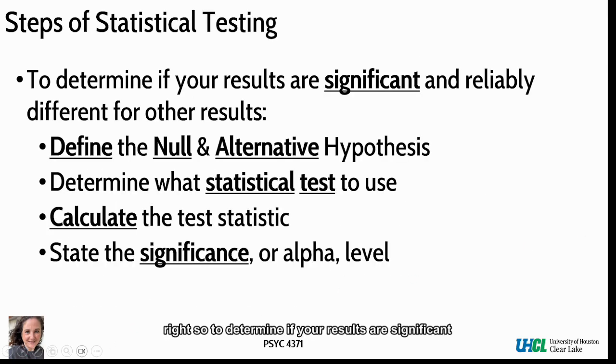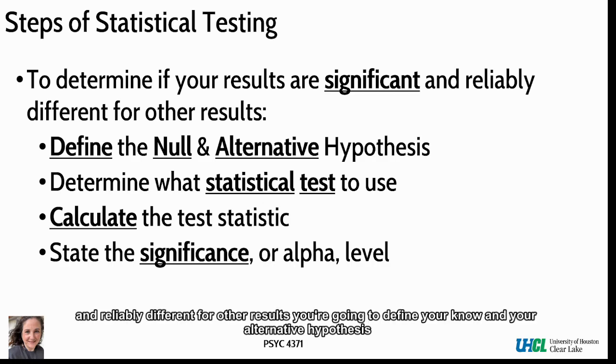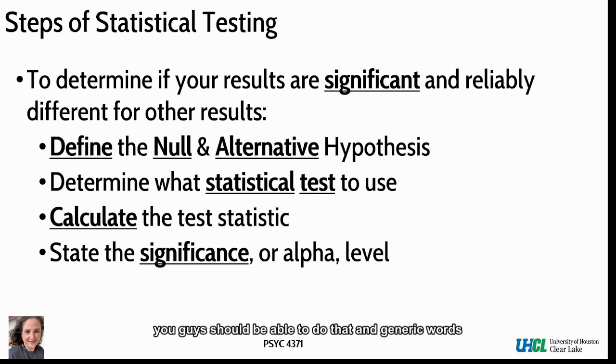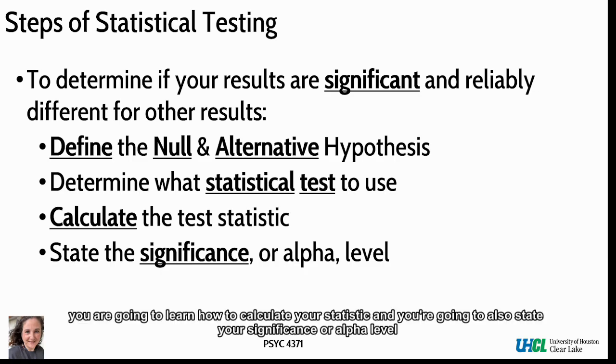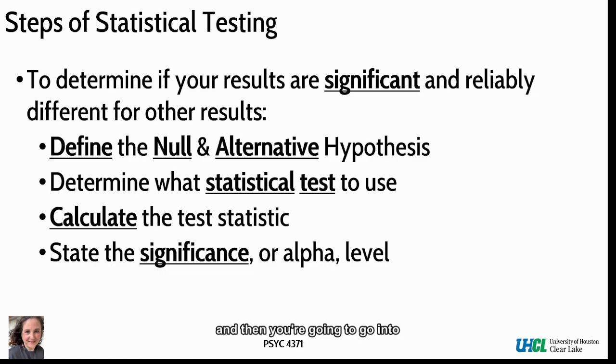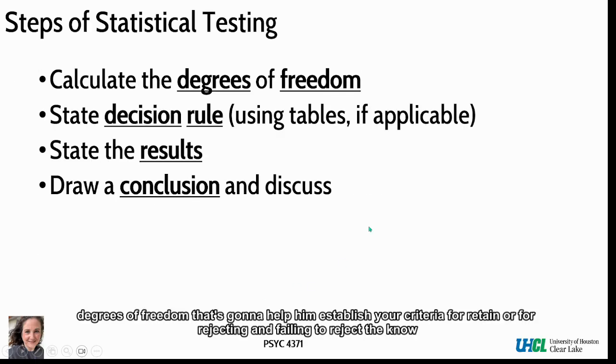All right, so to determine if your results are significant and reliably different from other results, you're going to define your null and your alternative hypothesis. You should be able to do that in generic words. These next videos are going to help you add the statistical language to it. You also should be able to determine what statistical test you need to use. You are going to learn how to calculate your statistic, and you're going to also state your significance or alpha level, and then you're going to go into the rest of the procedure by calculating your degrees of freedom.